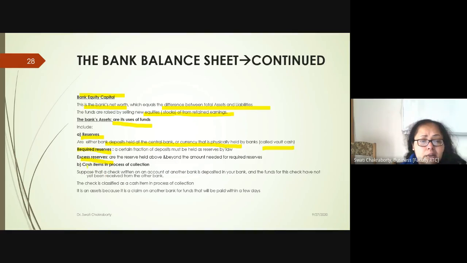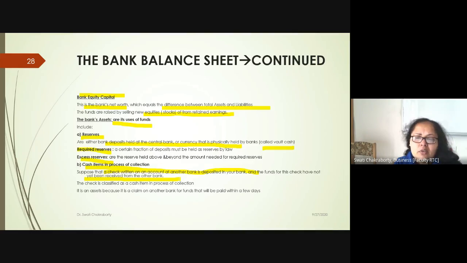Second comes bank cash items in process of collection. What is that? I'll tell you with the help of an example. Suppose a check is written on an account at another bank, okay? Someone writes a check and gives it to you and you deposit it in your bank. What happens? The funds of this check have not yet been received from the other bank.